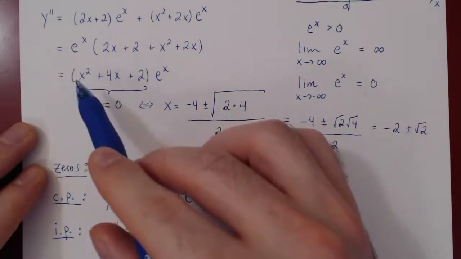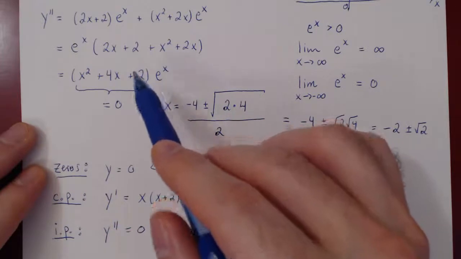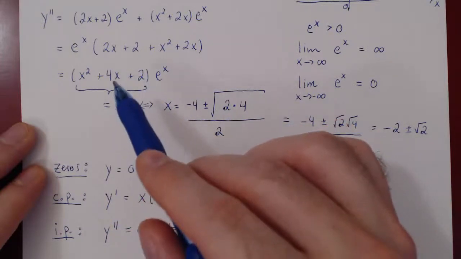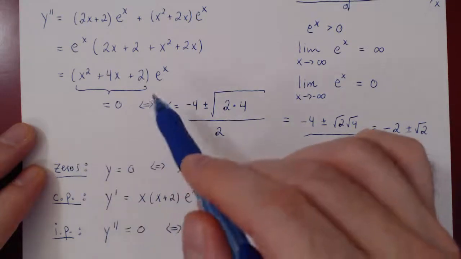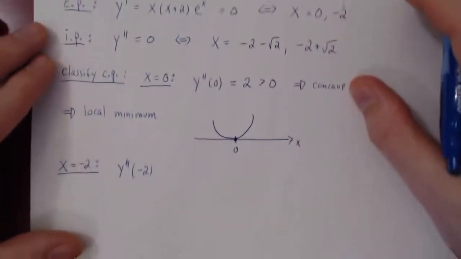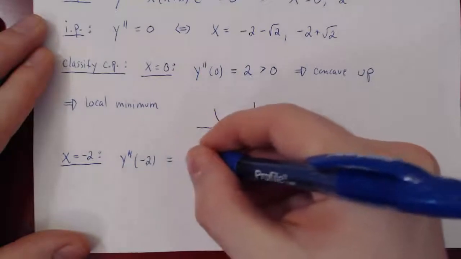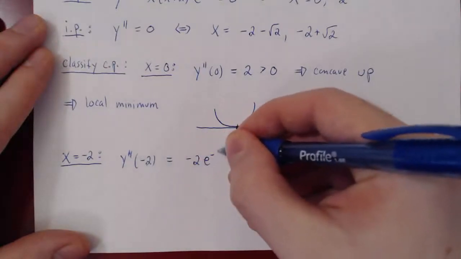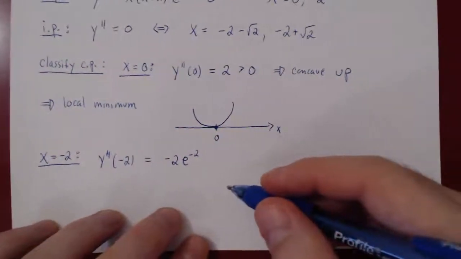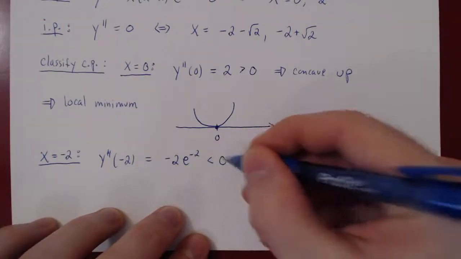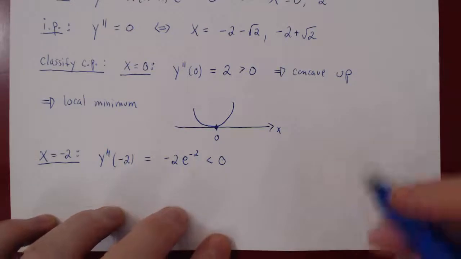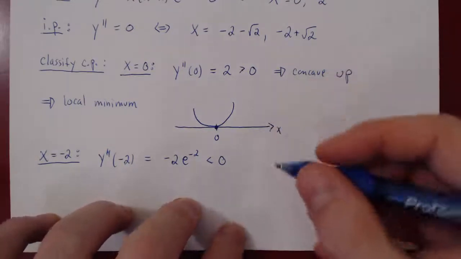Negative 2 squared is 4, plus 2 is 6, minus 8, that's negative 2 times e to the negative 2. So we get negative 2 times e to the negative 2. Well, e to the negative 2 is positive, this is negative, so the whole thing is negative. Therefore, the curve is concave down at x equals negative 2.